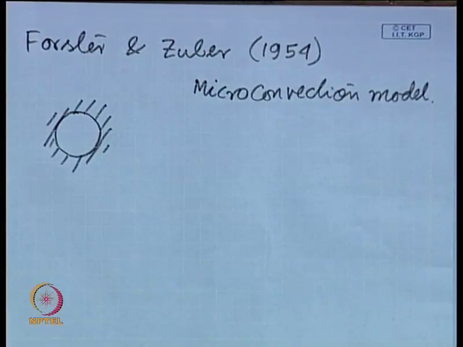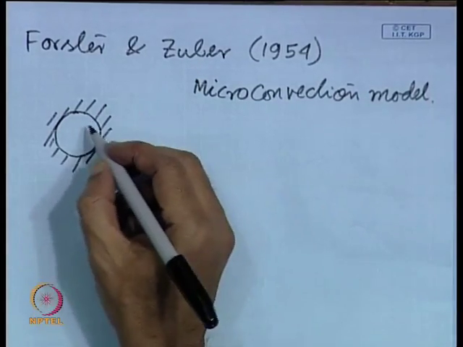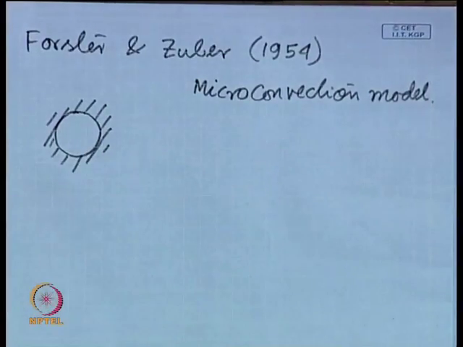The micro convection model. Let us say the bubble is growing due to evaporation. So, what will be the mass transfer? What will be the mass flow rate or mass transfer?